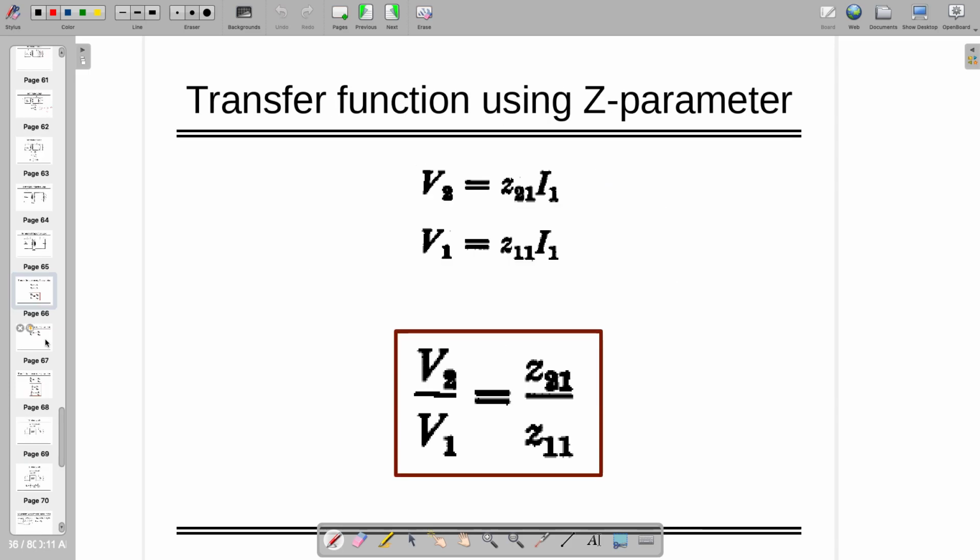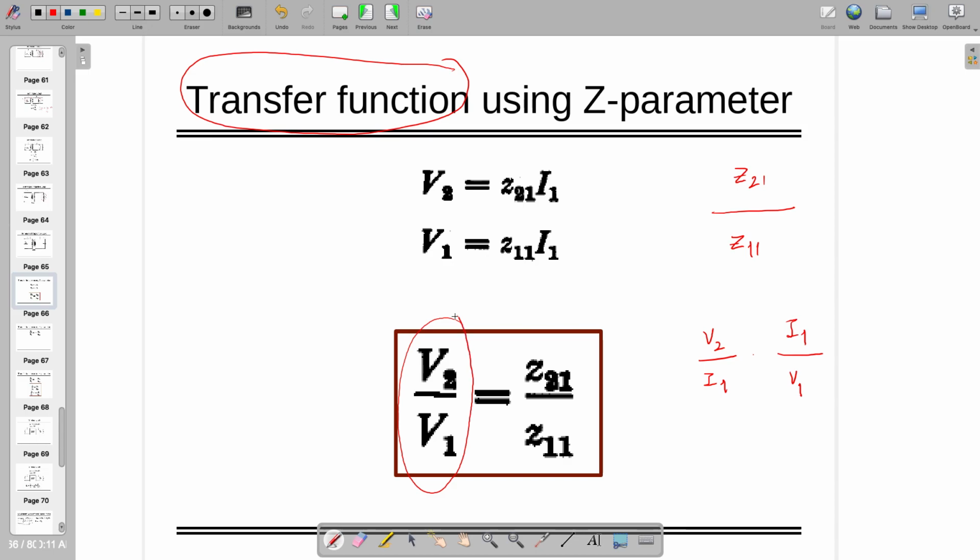Okay. One more thing, if you want to find the transfer function using Z parameters, you can find two parameters, which are Z21 and Z11. If you take the ratio of these two, which is V2 by I1 divided by V1 by I1, both I1 will cancel out, and the effective voltage ratio available is V2 by V1.